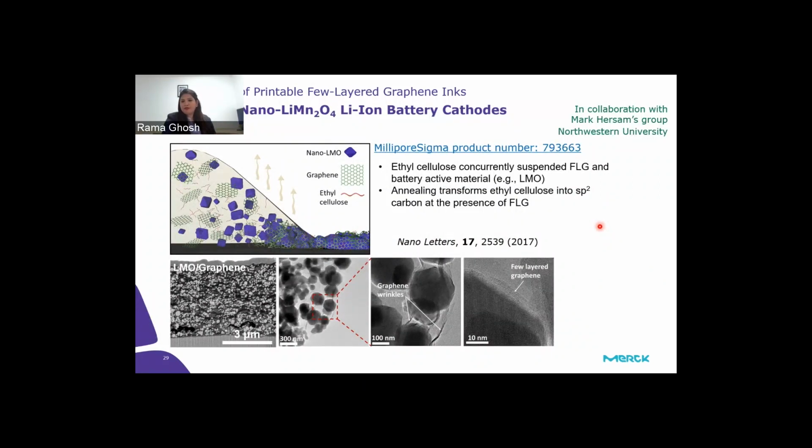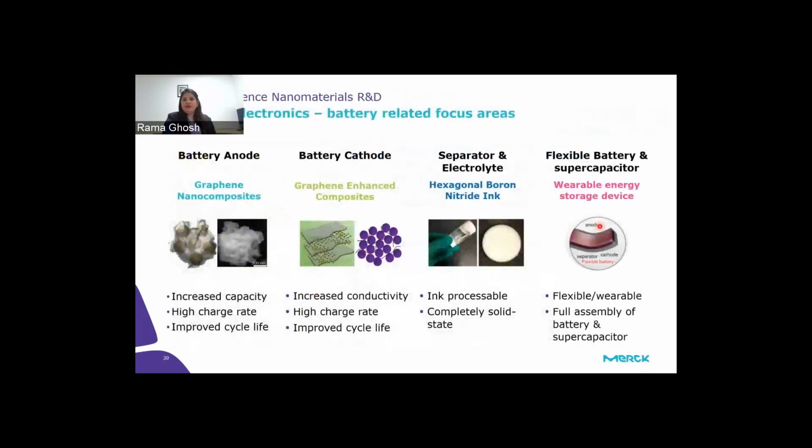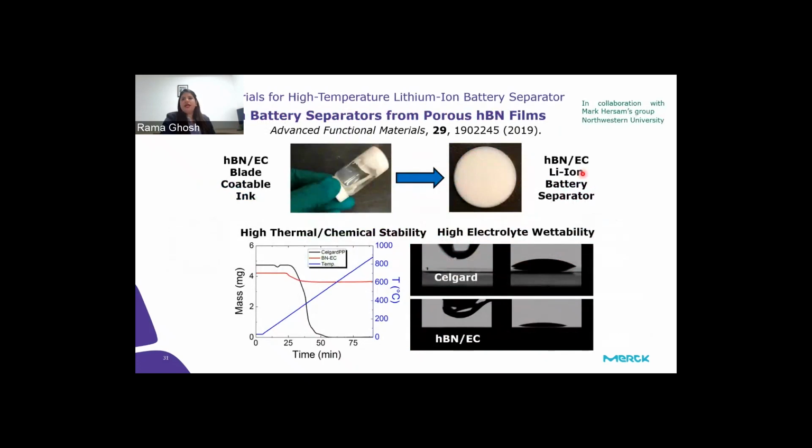Another thing we also work on is our separator for wearable electronics. Here we used hexagonal boron nitride. As I said, hexagonal boron nitride is a semiconductor, insulating material.